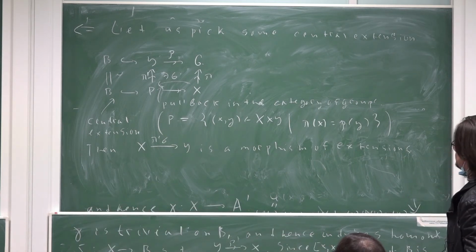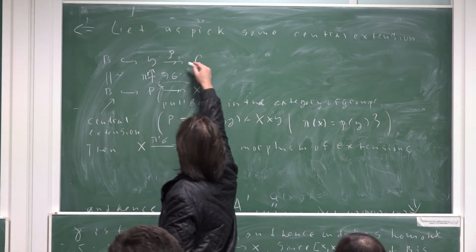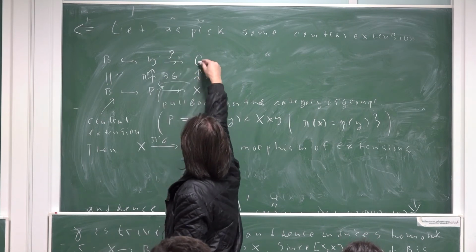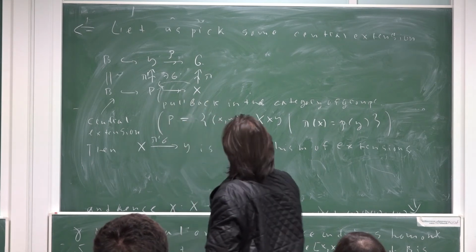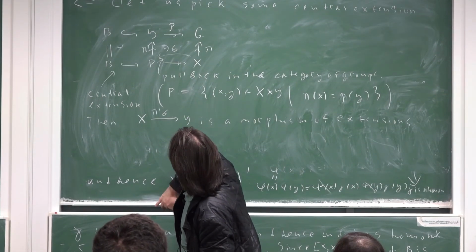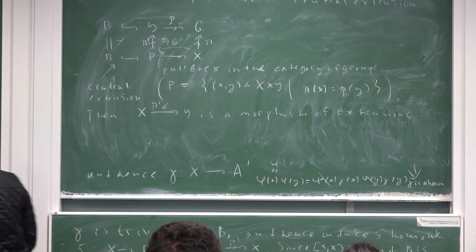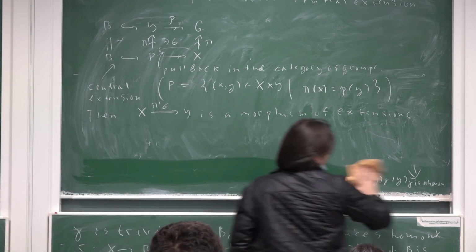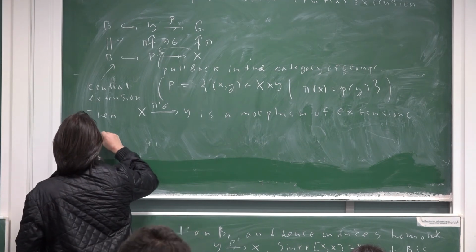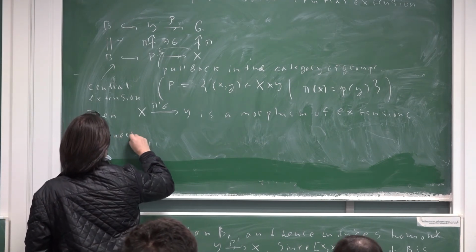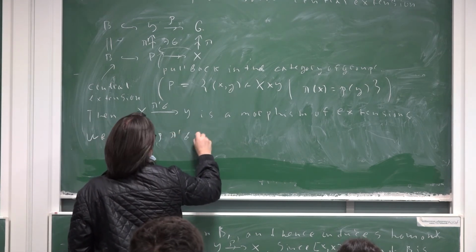Why is it a morphism of extensions? So this composition has to be equal to pi, yes. So let's prove it. It's not very difficult. So we need that rho pi prime sigma is equal to pi.